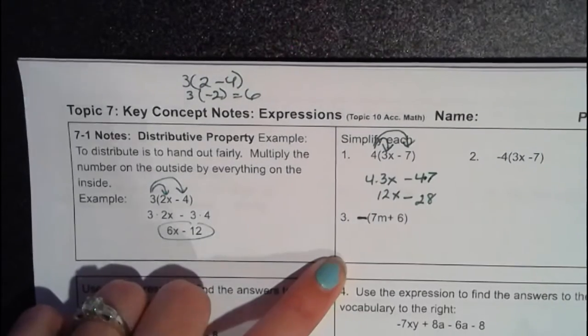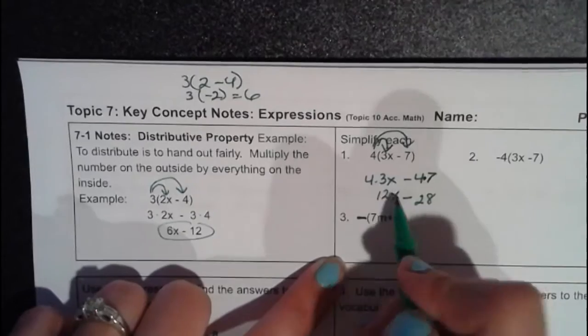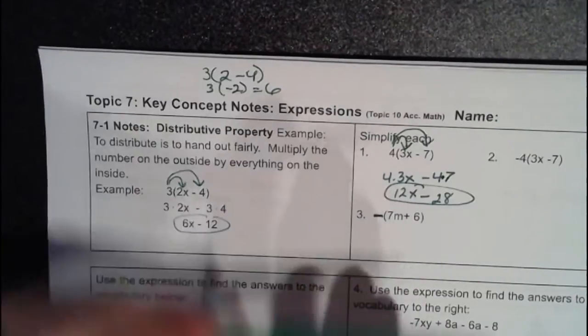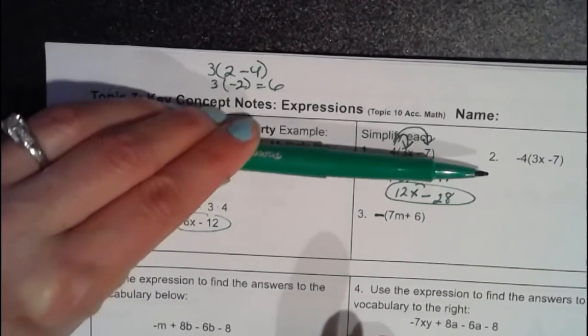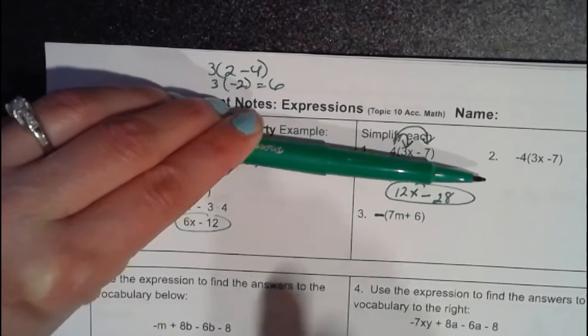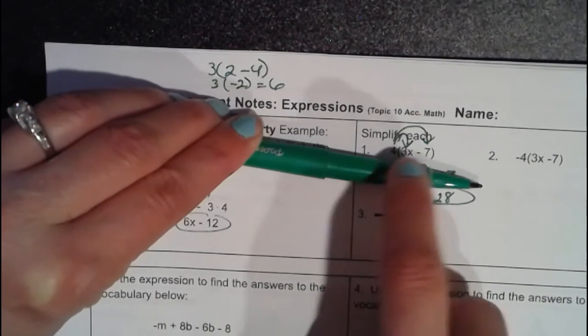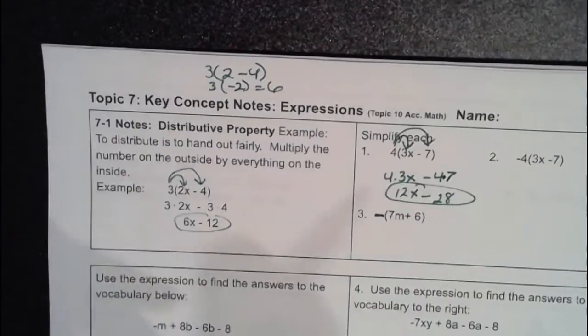And the minus sign gets brought down. If this was a plus sign, you would bring that down. So very quickly in this chapter, I will skip the middle step and just be saying 4 times 3 is 12x. 4 times negative 7, negative 28.